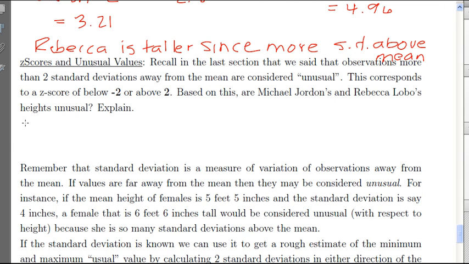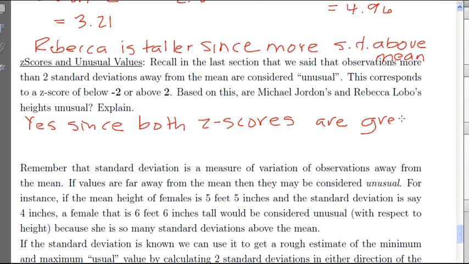The answer would be yes, since both z-scores are greater than 2.